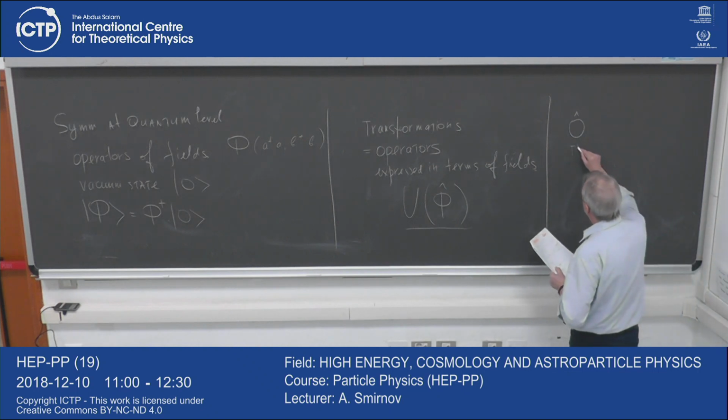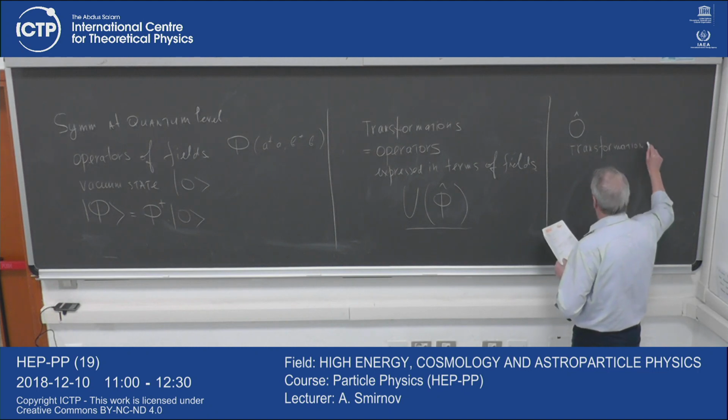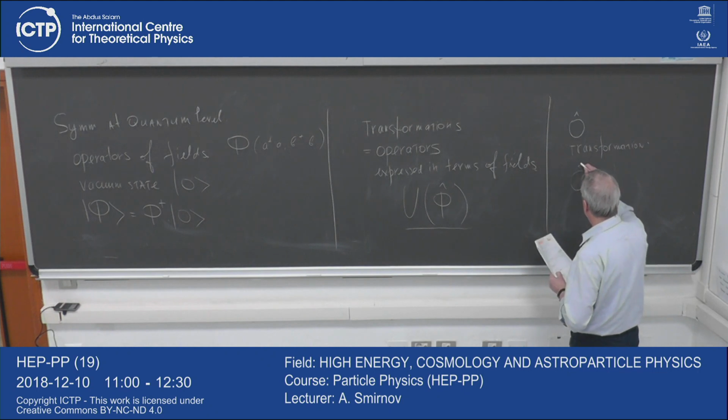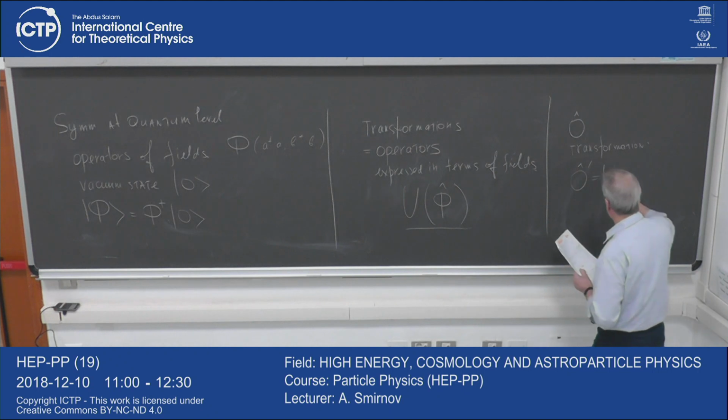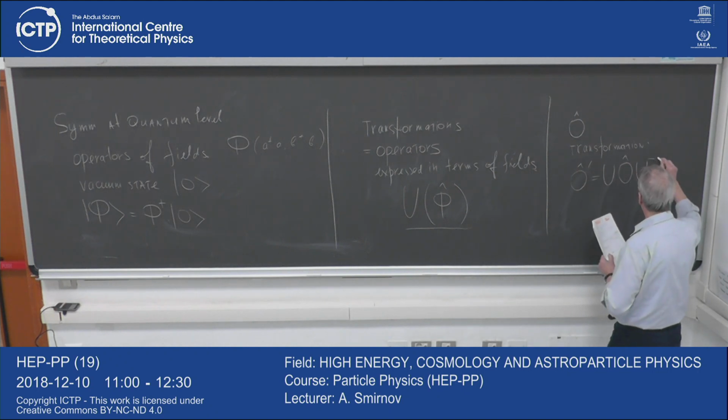Then the transformation of this operator under this U is given by U, the operator, and here is U minus 1.